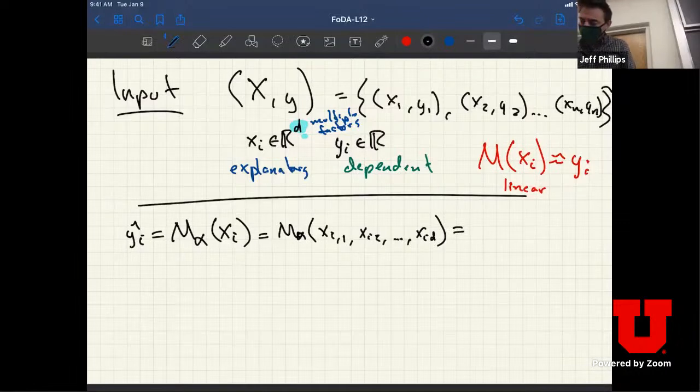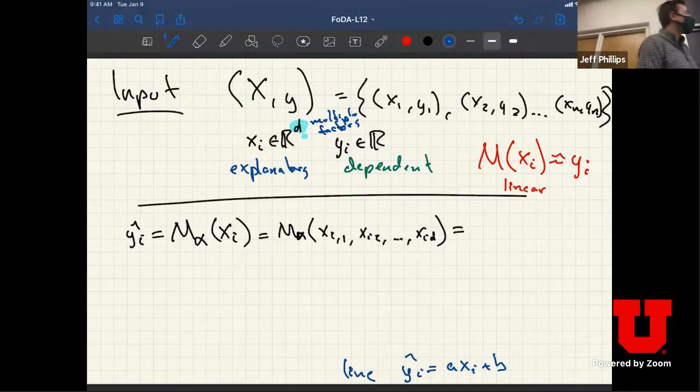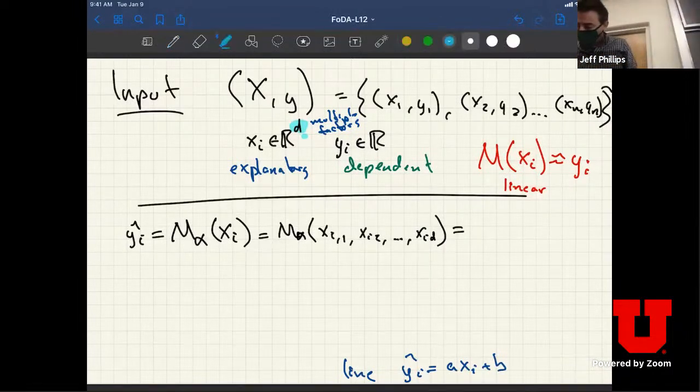If this is a linear model, then it's going to have the form. If you remember before, our line was a xi plus b. This was the linear model for the line, and I just had the coefficient a and this offset b. We're going to do this, but we have more going on here.